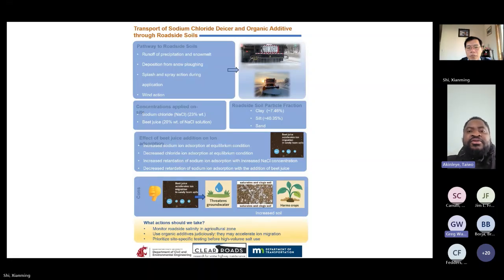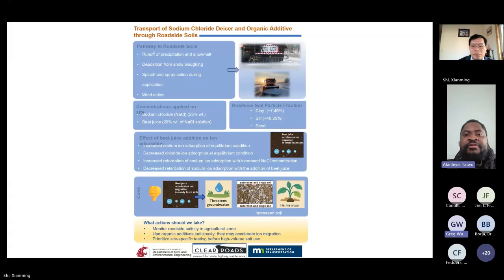Also wind action can contribute to how these solutions migrate from the applied pavement surfaces or the road surfaces to the nearby road soils. And for our experiment, we actually look into two concentrations, which is sodium chloride. And then also for beet juice, we added 20% by weight of sodium chloride solution.